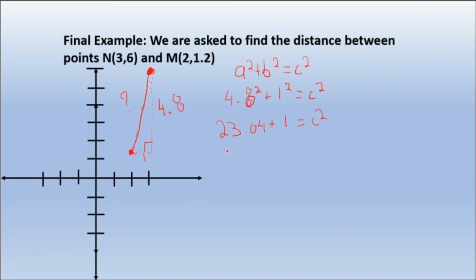Add these two together. You get 24.04 equals c squared. Lastly, take the square root of both sides. So you're left with c equals the square root of 24.04, which is approximately 4.9.